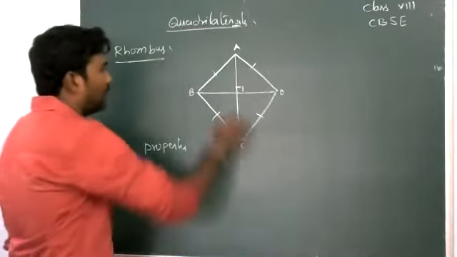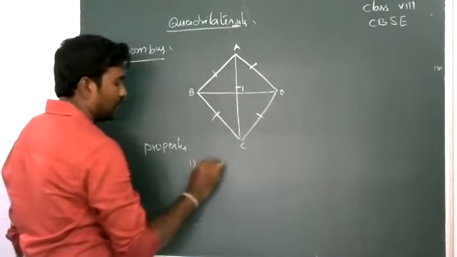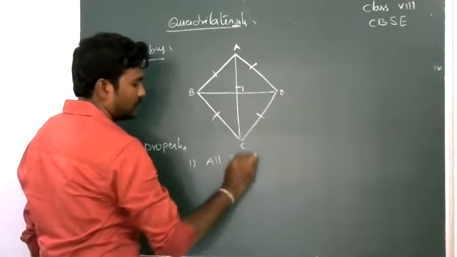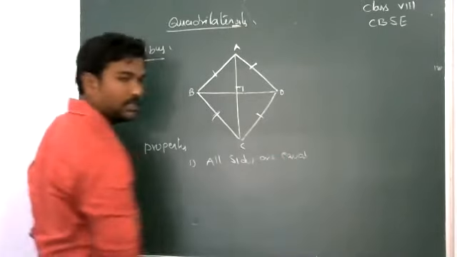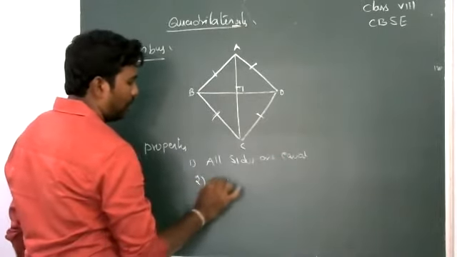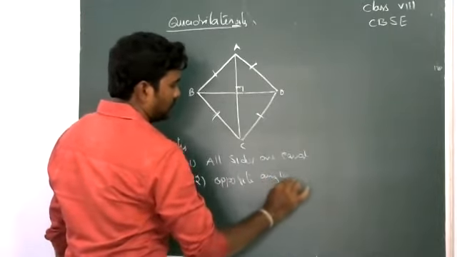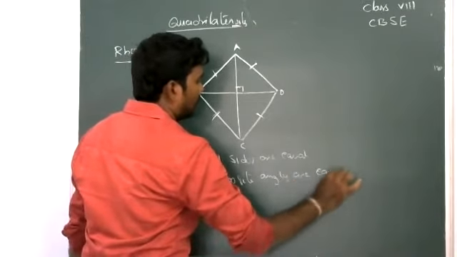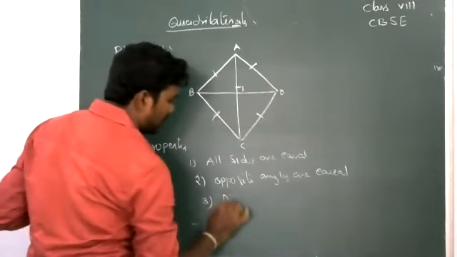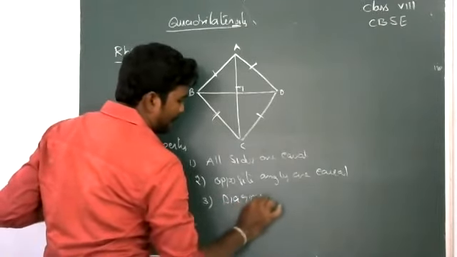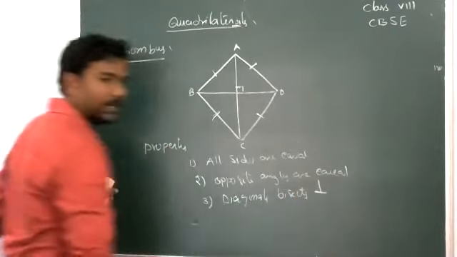So here you can see adjacent sides are equal, and then all sides are equal. First property is all sides are equal. Second one, opposite angles are equal. Third one is diagonals bisect perpendicularly.